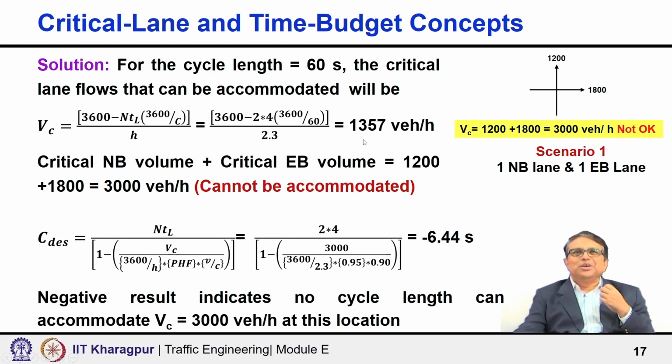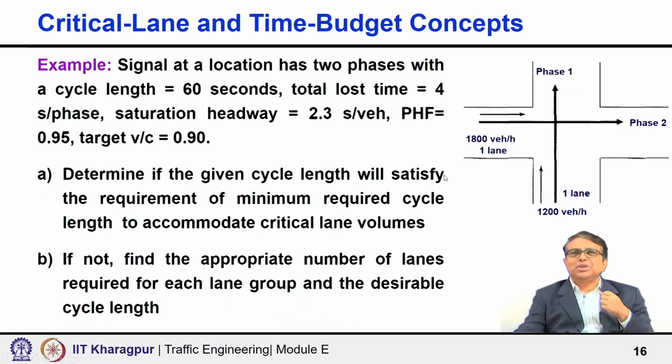That means with that cycle length, if that is the minimum we considered, then we can handle a maximum of 1357 vehicles per hour, whereas our present volumes are how much?